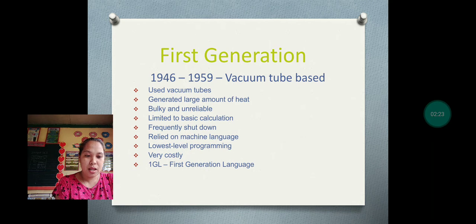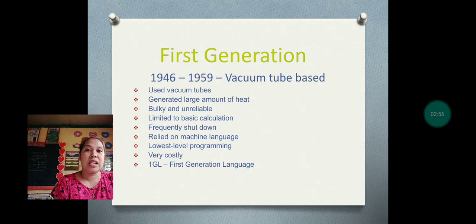Then, bulky and unreliable. Bulky because these first generation computers occupy a very big space, and unreliable because they can only solve one problem at a time, and they relied on programming language. Then limited to basic calculation.